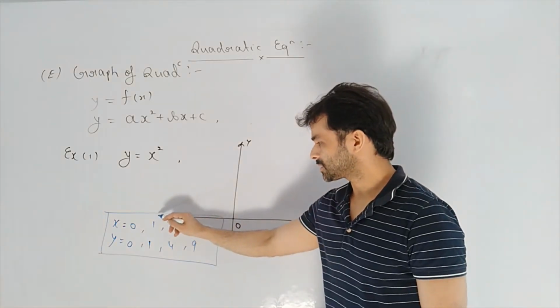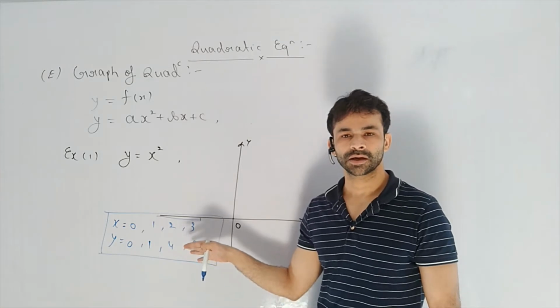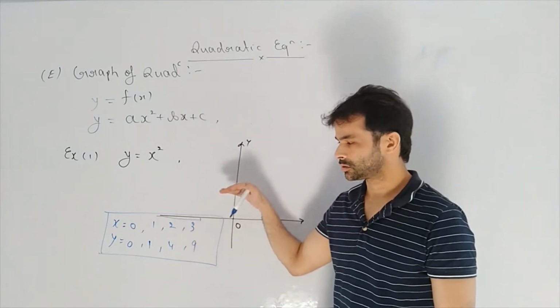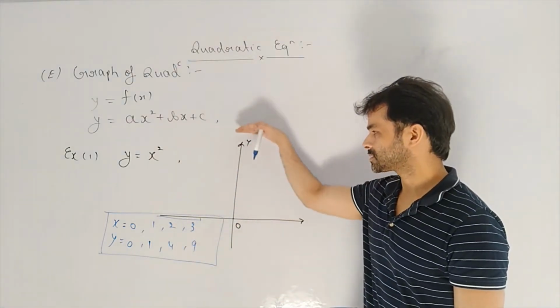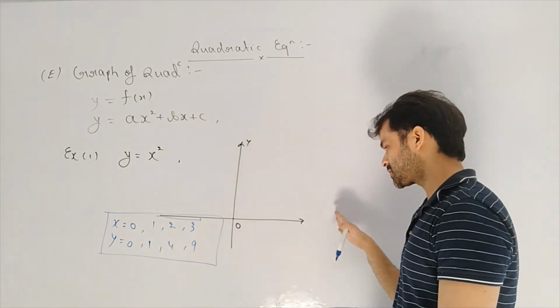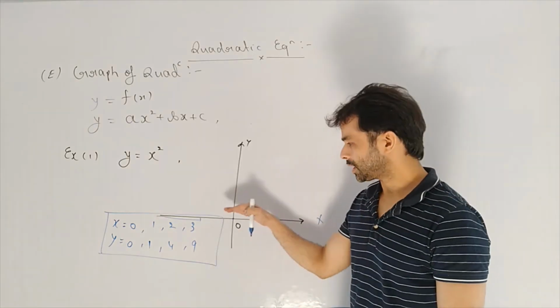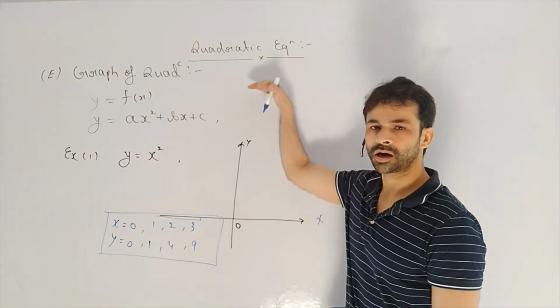As we are increasing the values of x, y is increasing, and y is increasing more. X is increasing means this way, along the positive x-axis, and y is increasing more means it's going upward more.